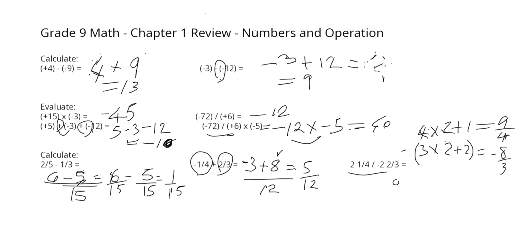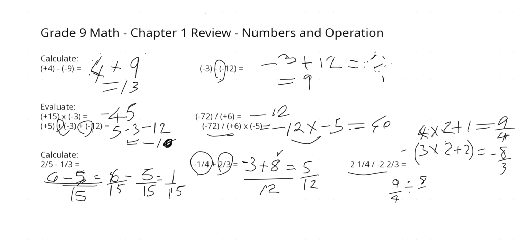So divide by 8 over 3, okay? If you remember your rule, when you're dividing a fraction, in order to ensure that we get the right answer, we have to do the reciprocal of the second fraction and change the sign from division to multiplication.